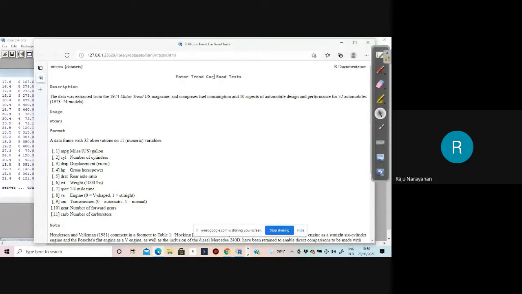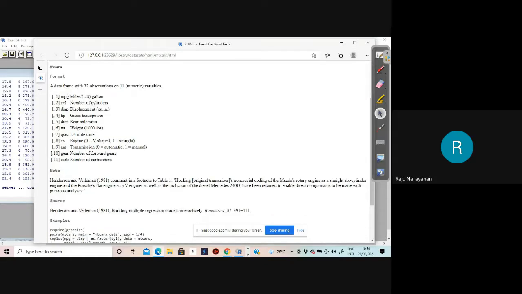That is the full form of mtcars. The data was extracted from the 1974 Motor Trend US magazine and comprises fuel consumption and 10 aspects of automobile design and performance for 32 automobiles. Very old data, 1973. You might not have been born at that time.